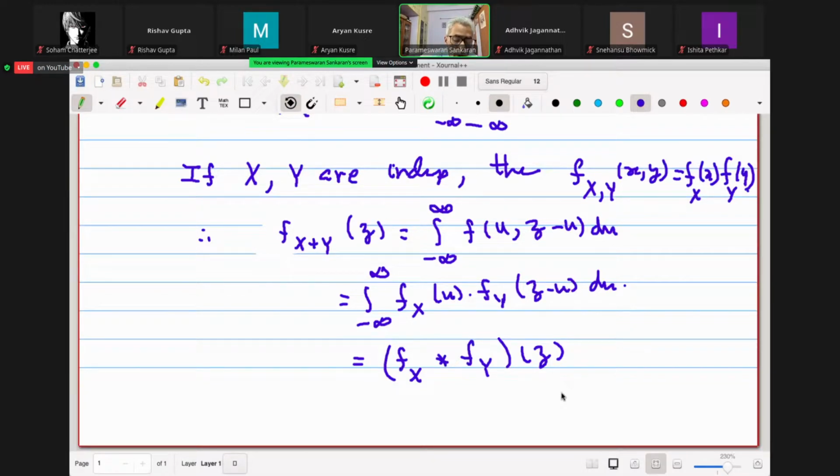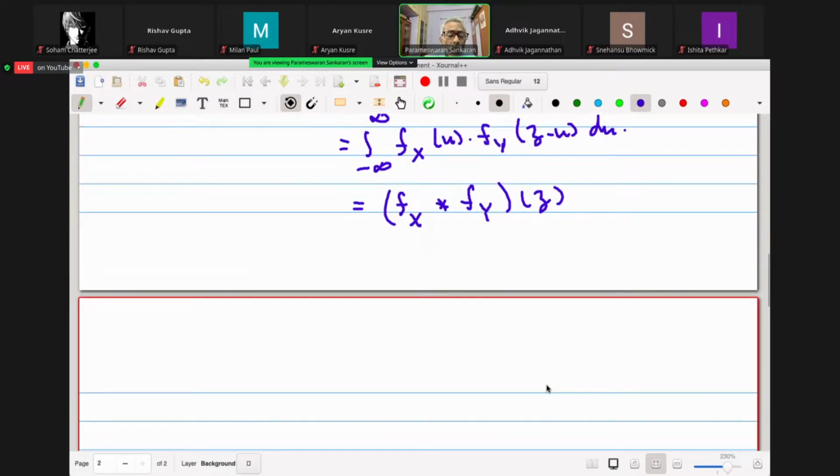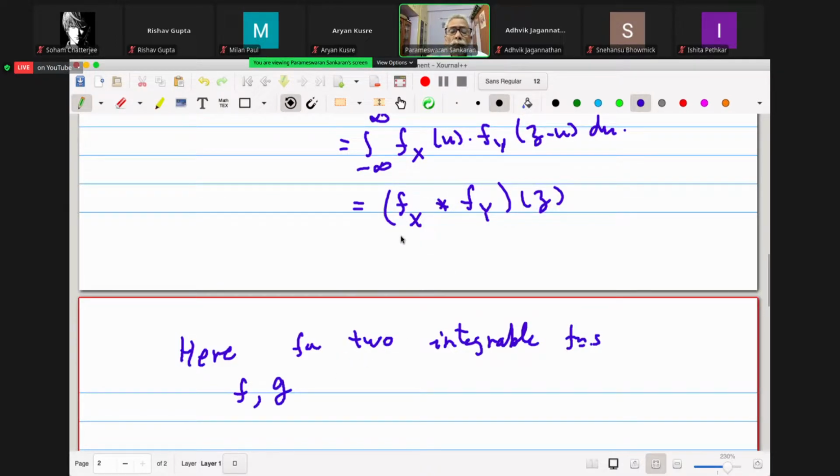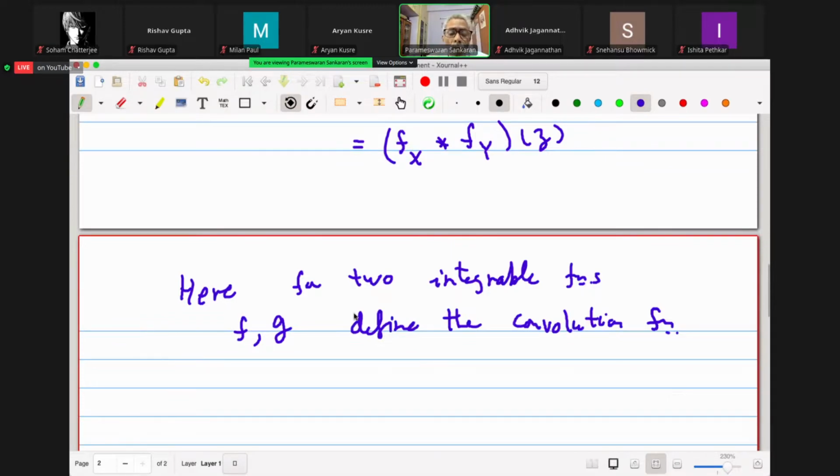Typically, when you have two integrable functions f and g, for us they are all density functions, so integrable, we define the convolution function f star g of z to be the integral from minus infinity to infinity.